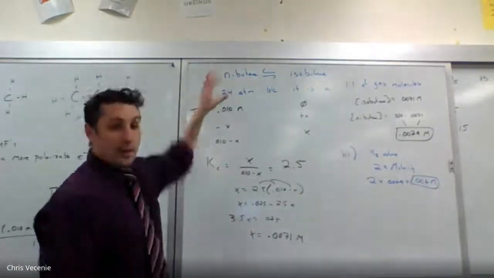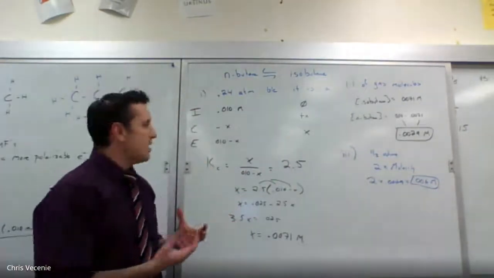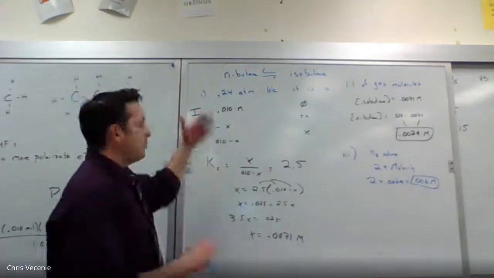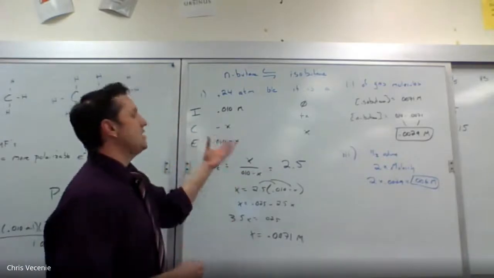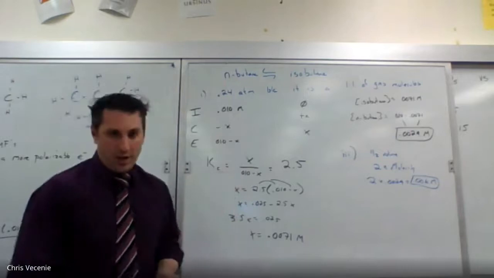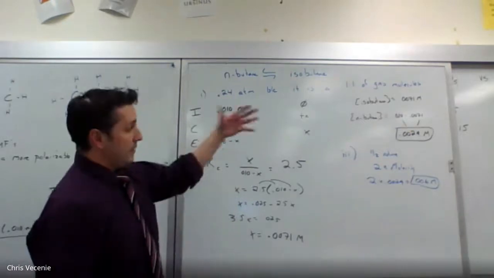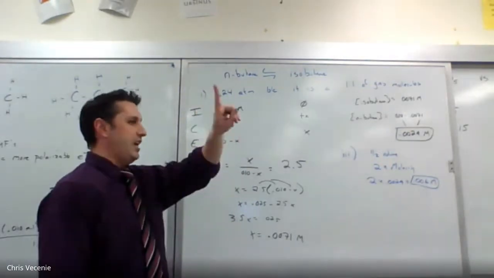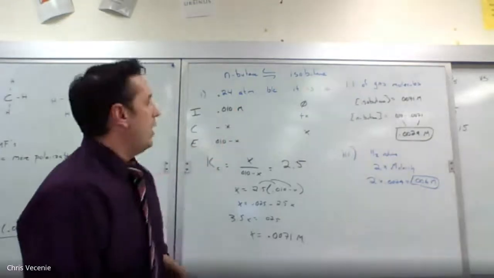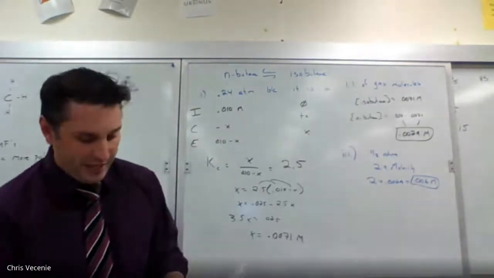But if the equilibrium can reduce some of my pressure, it would shift again. You'd have to do a different ICE table. But you don't need to do that because it's the 1-to-1 ratio. All right, so I didn't want you to think the molarity is the same. It does double the molarity, but it's not going to be able to do anything after it does that.